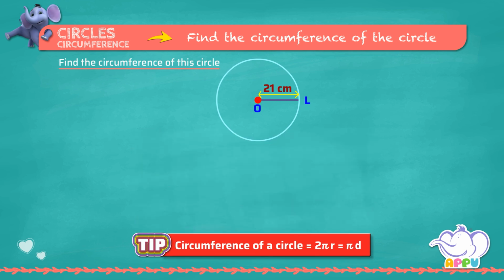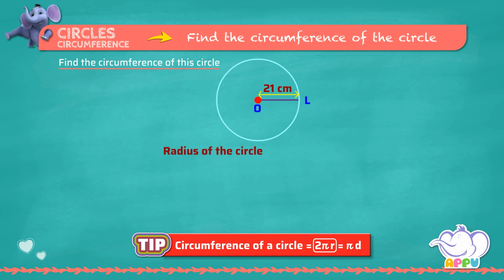We can calculate the circumference of a circle using radius or using diameter. Since the radius is given, we use the formula circumference of a circle equals 2 pi r.